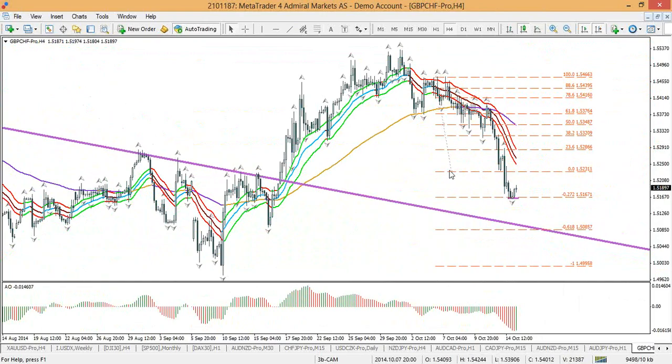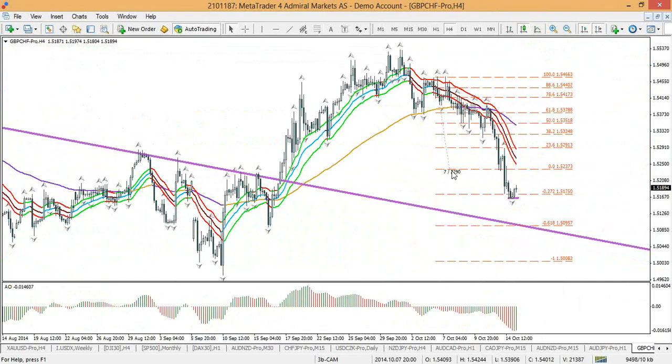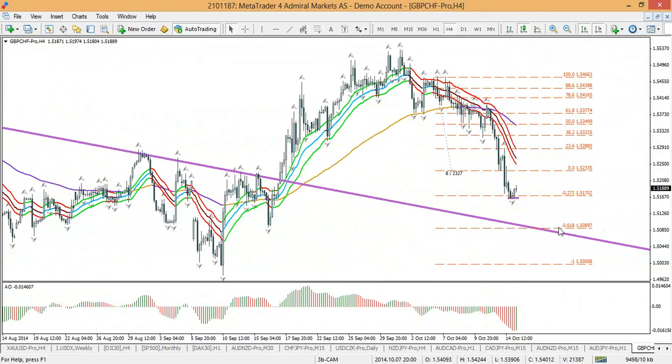Minus 618, that's the next bouncing spot if you look at it from a 4-hour fib point of view. That could be a target for shorts, for intraday scalping shorts, but for those looking for a long-term bounce spot, it could be not a target, but actually a bounce spot.